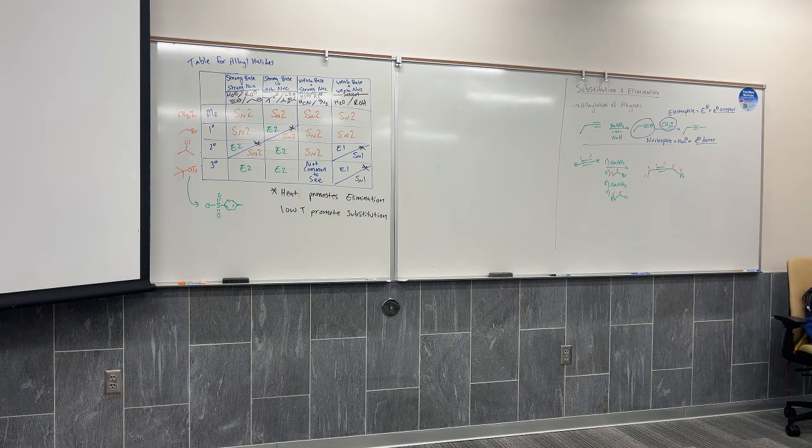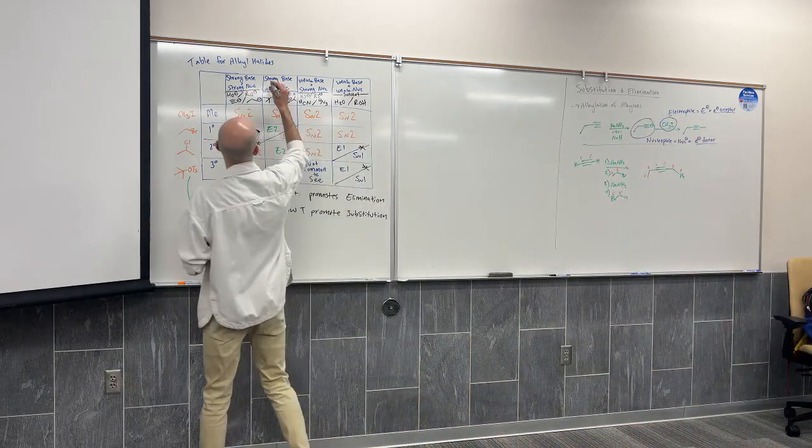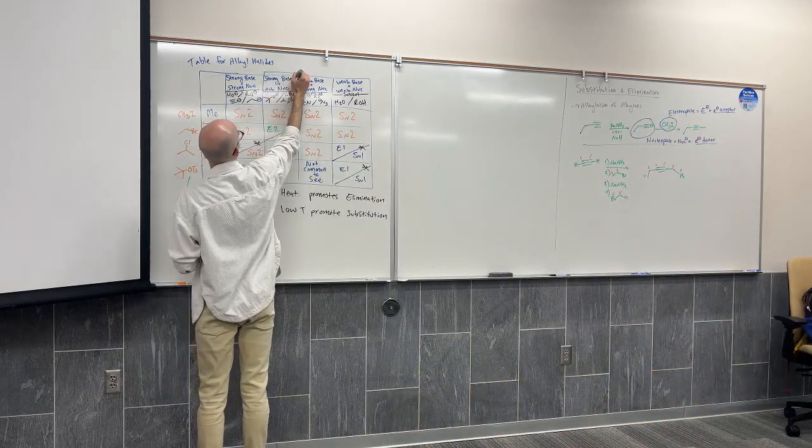All of these elimination reactions that can be run, the elimination reactions prefer the most stable alkene. They prefer the Zaitsev alkene, all with the exception of the strong base, weak nucleophile category.